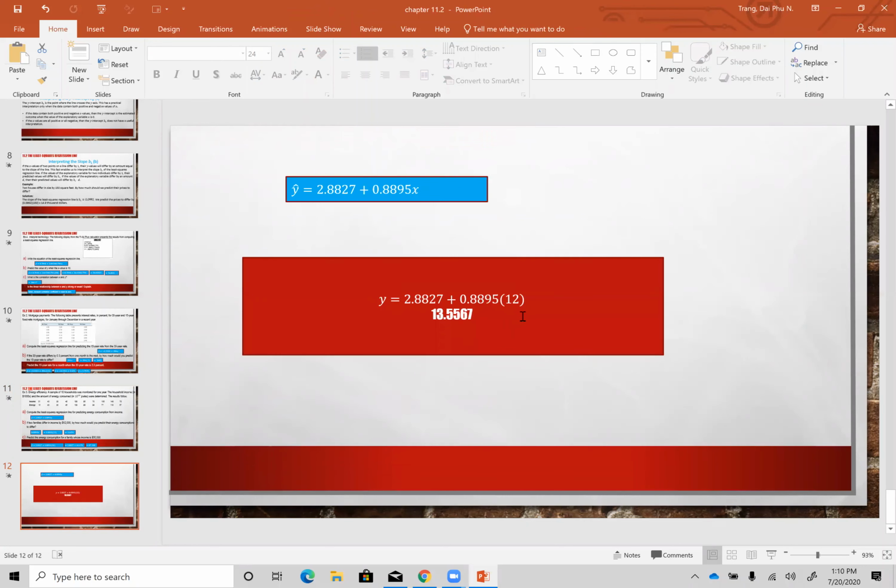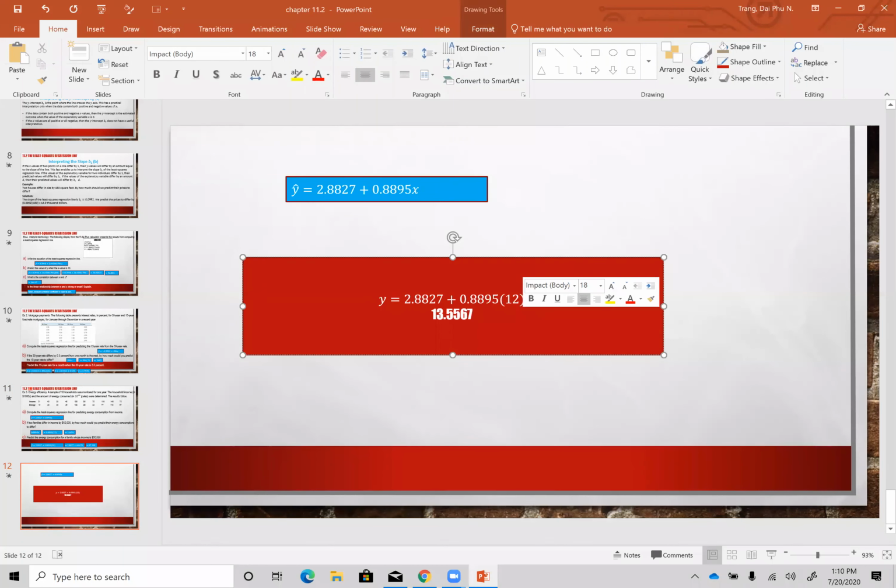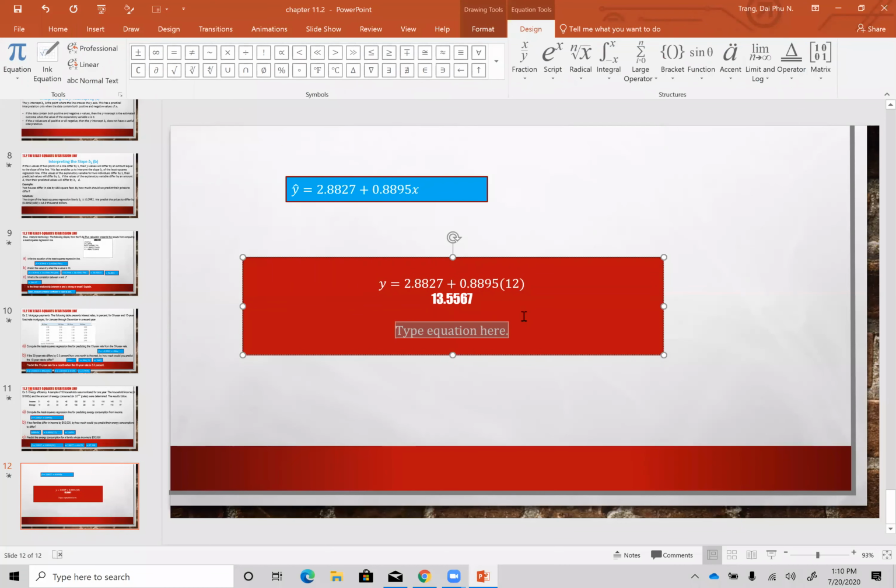So in order for us to know the difference, do you see that we have to plug in this item here? If a family, 2.8827 plus 0.8895 times 0. What does it mean?